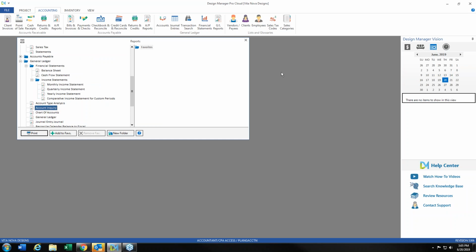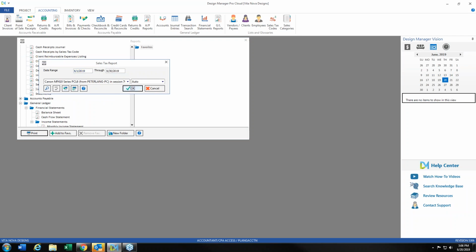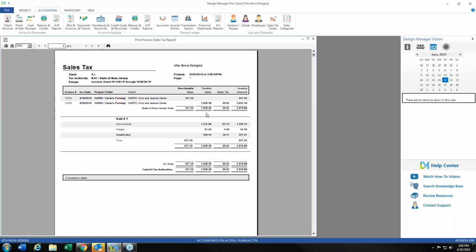So if you're paying sales tax on a cash basis and this invoice is still outstanding and you haven't gotten paid for it yet, what I have done in the past is keep track of that, but not pay it until the client actually pays me the money.